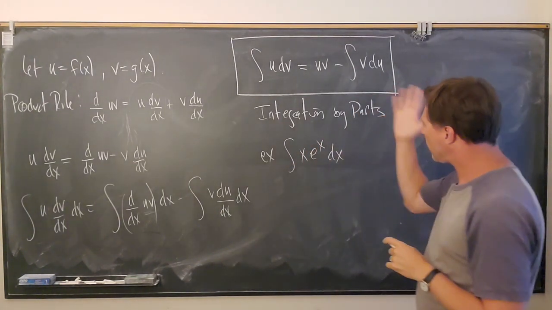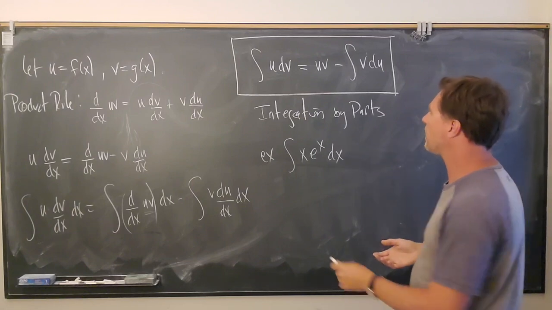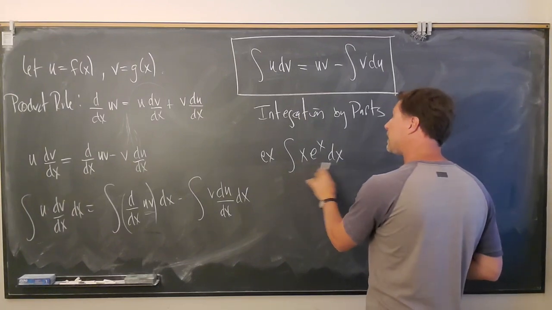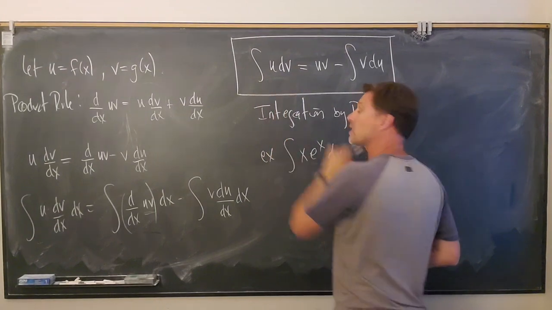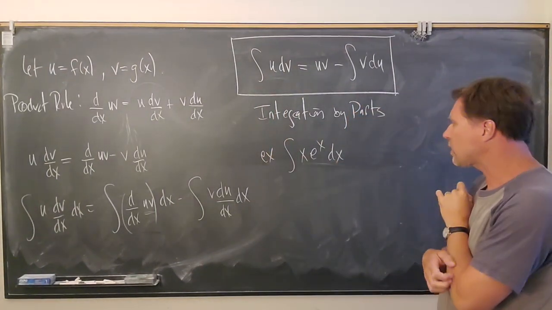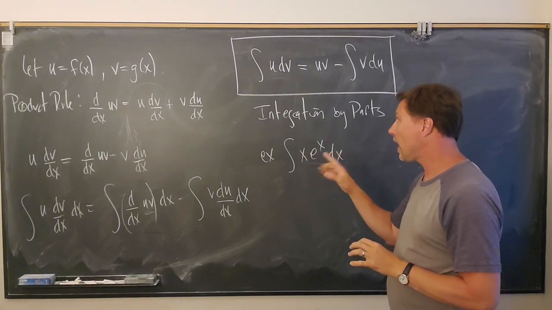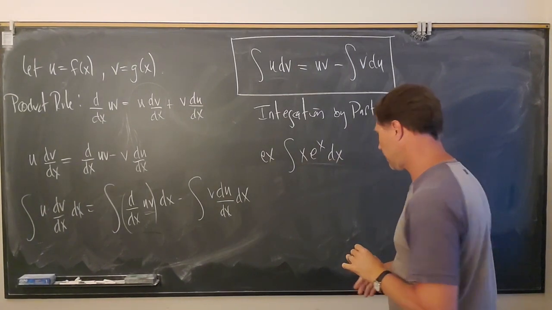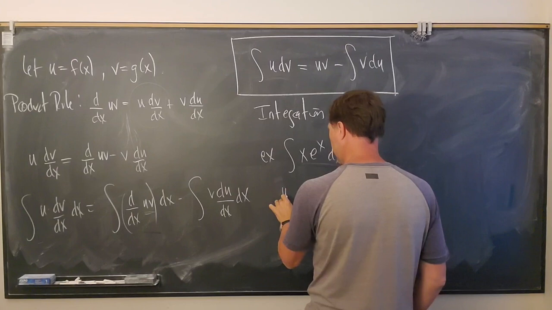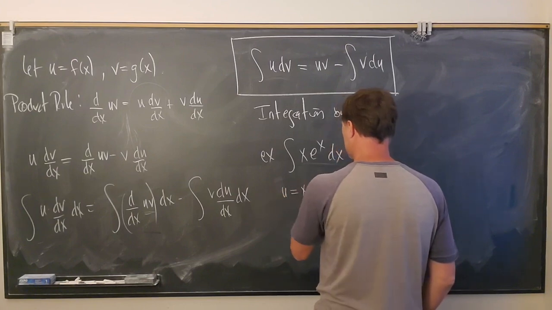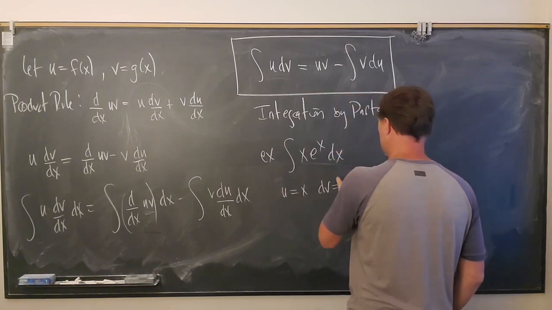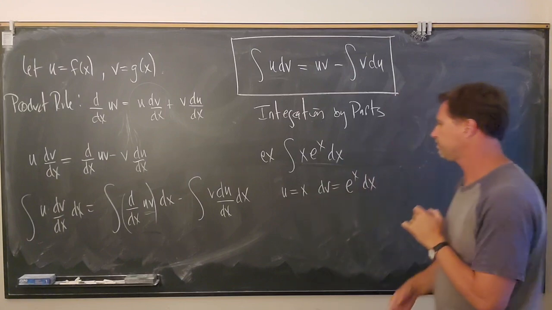Now, the way this formula works is we want to think of the integrand that we've been given as the one on the left-hand side. So what I'd like to do is identify one portion of the integrand, call it u, and the other portion, call it dv. In this case, I'm going to let u equal x and dv equal e to the x dx.